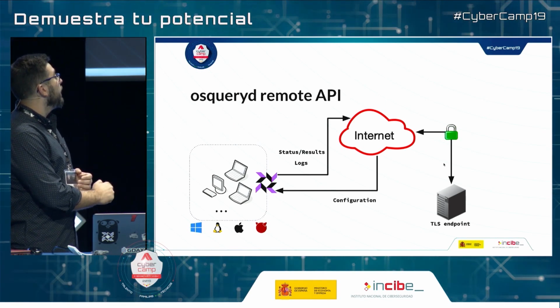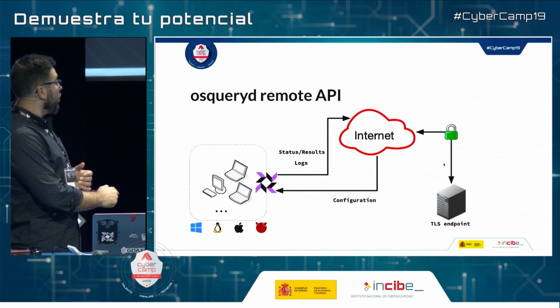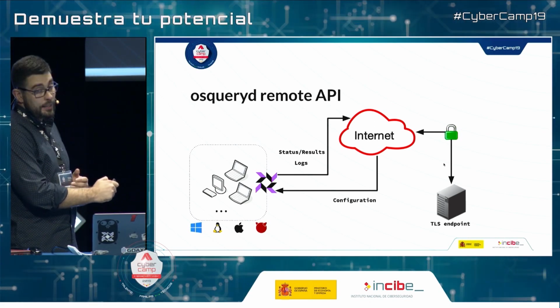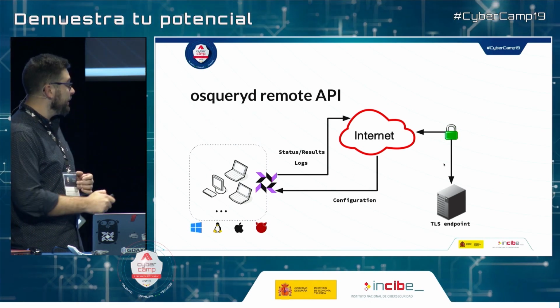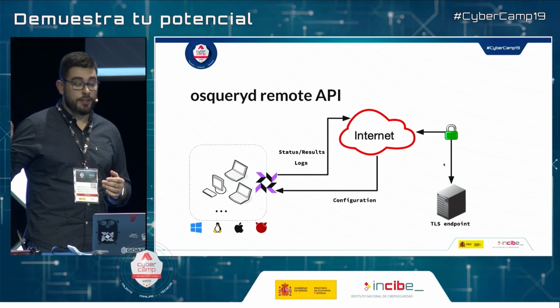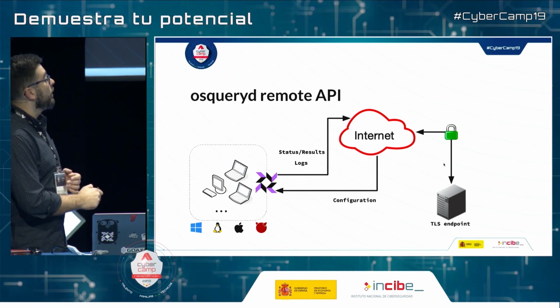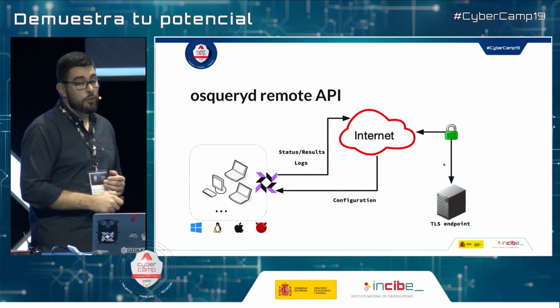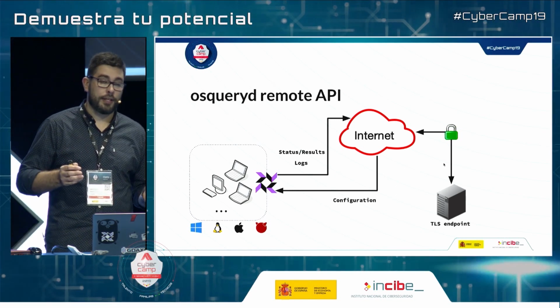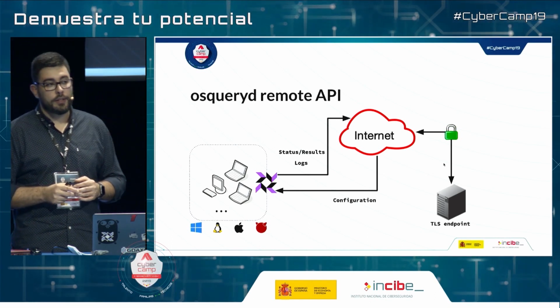This is the architecture and the machines for osquery. We have the status and result logs that are sent over the internet, if you choose to do so. It receives the configuration through the internet, if you wish to or not. And you end up with a TLS endpoint, which is the management server.